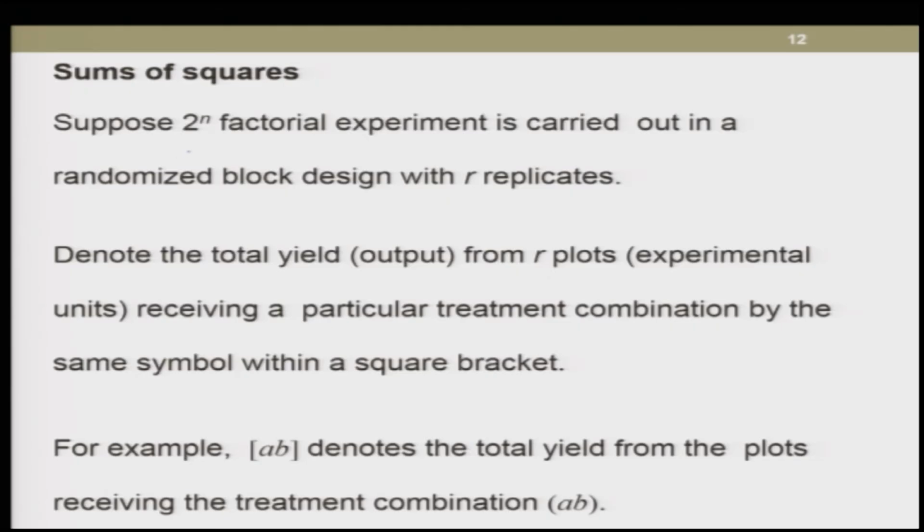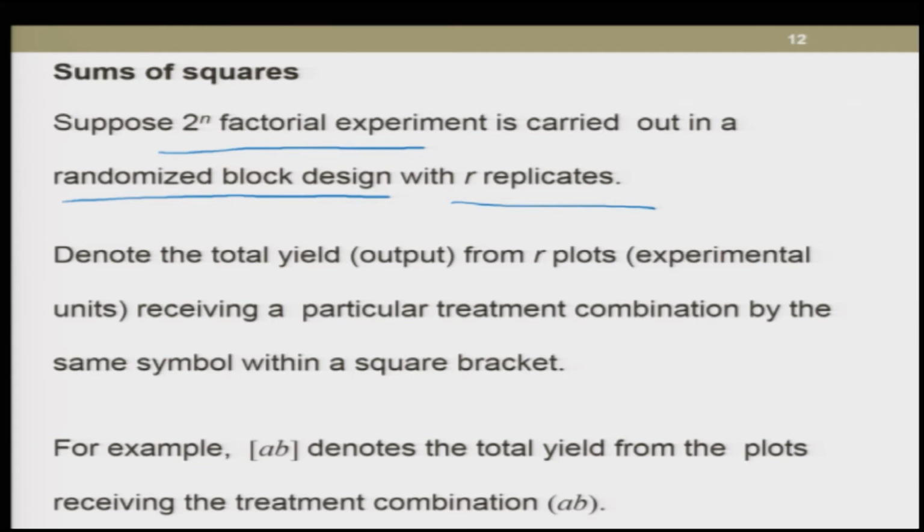Now, you have computed the main effect and interaction effects. Now, the next aspect is how to compute the sum of squares. So, for that, consider the 2n factorial experiment, and suppose this is carried out in randomized block design with R replicates.